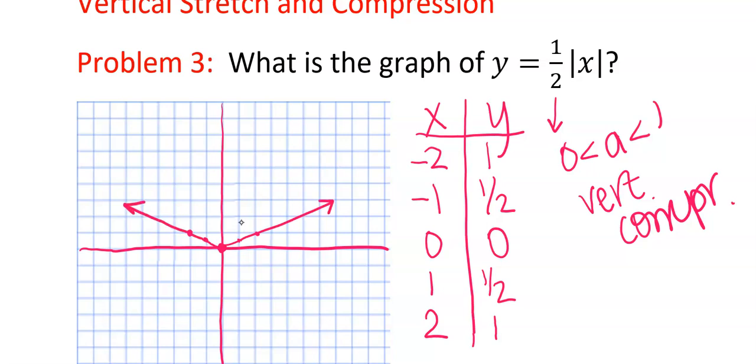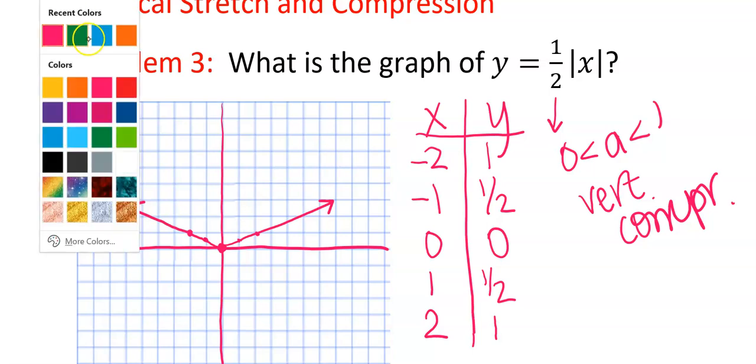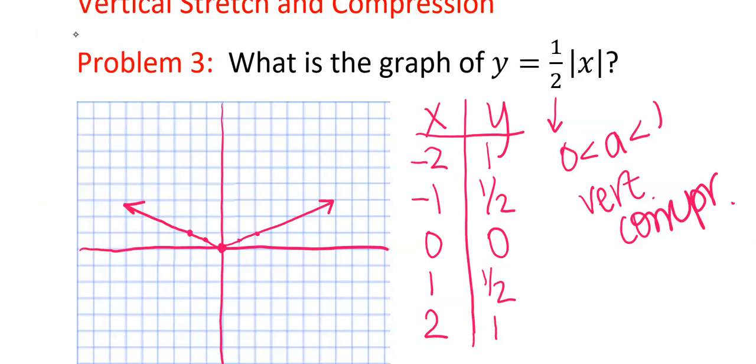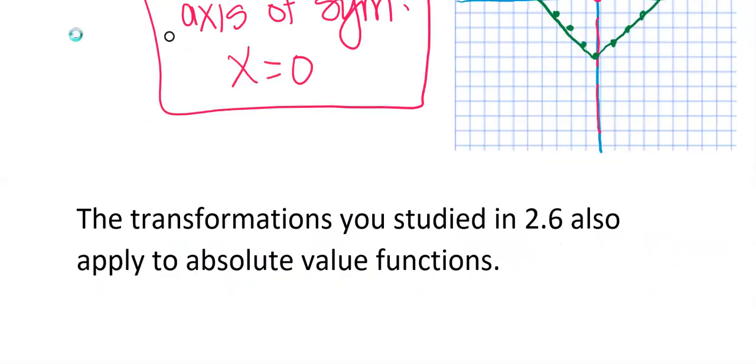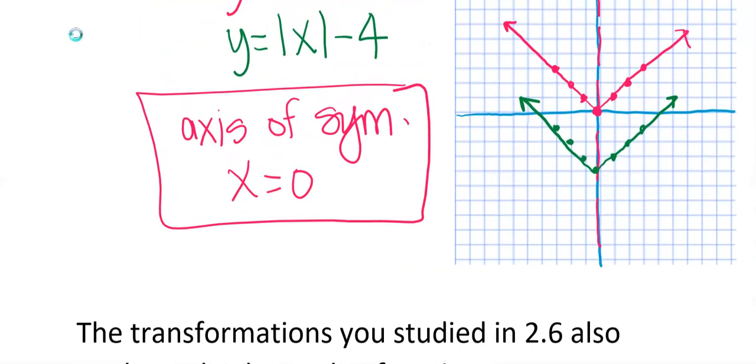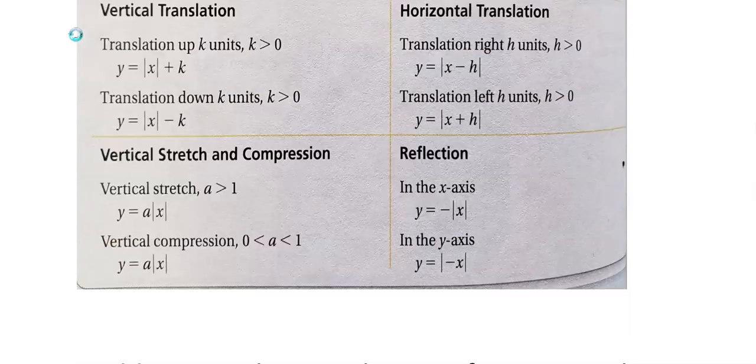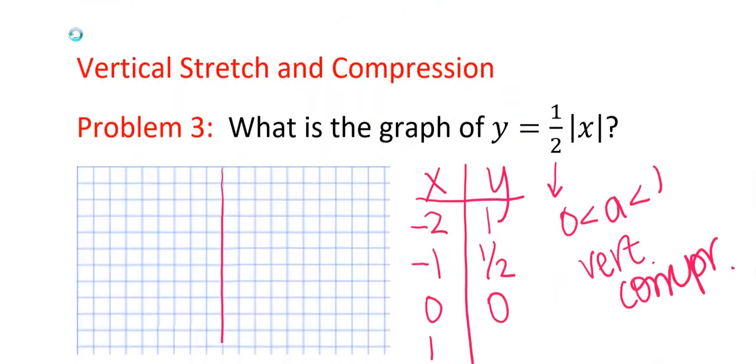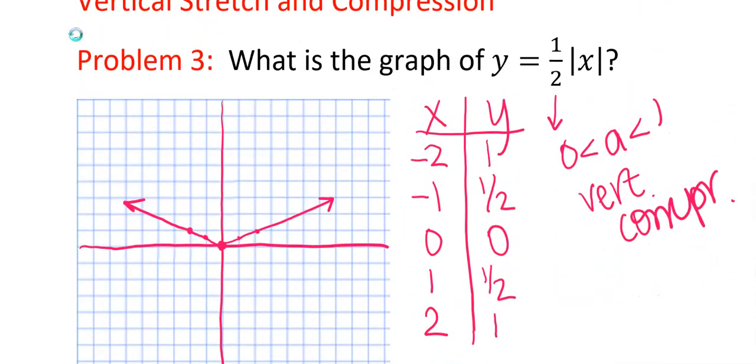So notice how instead of a more upright V that we had before, it's kind of shorter and chunkier. Here's the original one. It's skipping again, sorry about that. Here we go. Sorry when you guys are watching these.